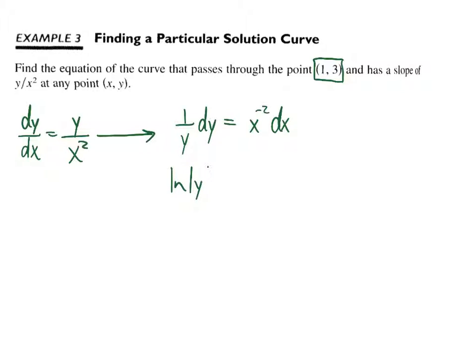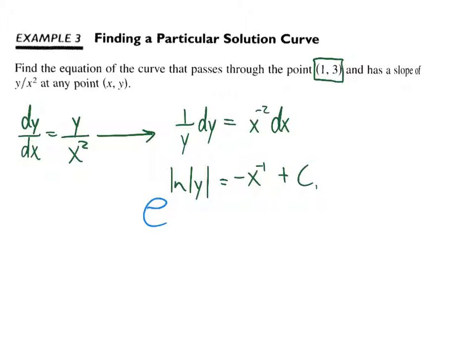ln absolute value of y equals x to the negative 1 over negative 1, so negative x to the negative 1, plus some constant. Now this one we can solve for just y.